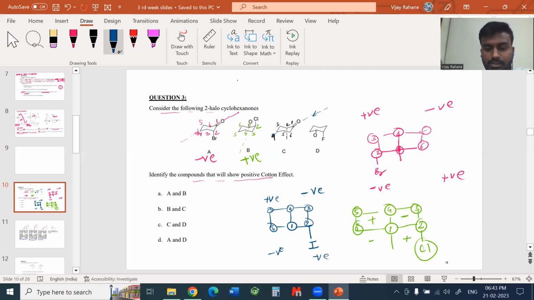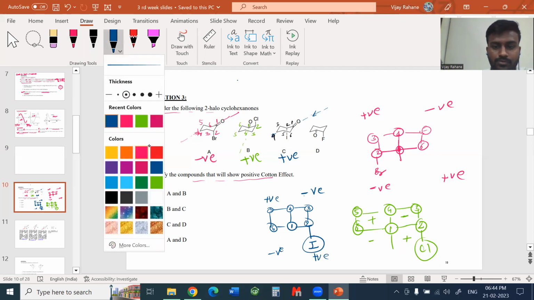So here is a negative one, and the iodine belongs to the negative. Sorry, this one is the positive one, so iodine belongs to the positive quadrant, so it shows a positive quadrant effect. And similarly, for the last one, we'll take a different color to solve this one.